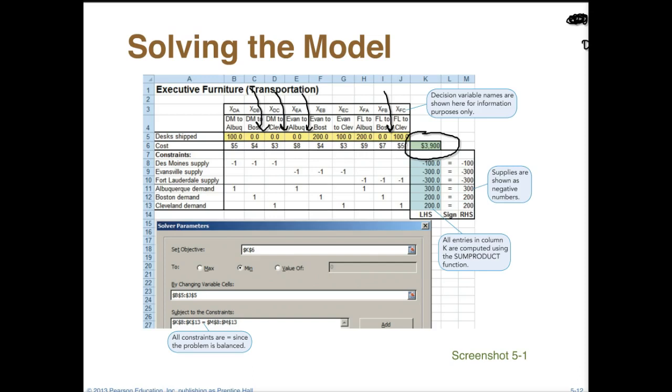That means for Albuquerque, if the Albuquerque demand is 300, we're not going to be able to meet that demand if something happens at the Des Moines, Iowa plant or factory. Okay? And so we're going to be short by 100 desks, which is going to be a problem.